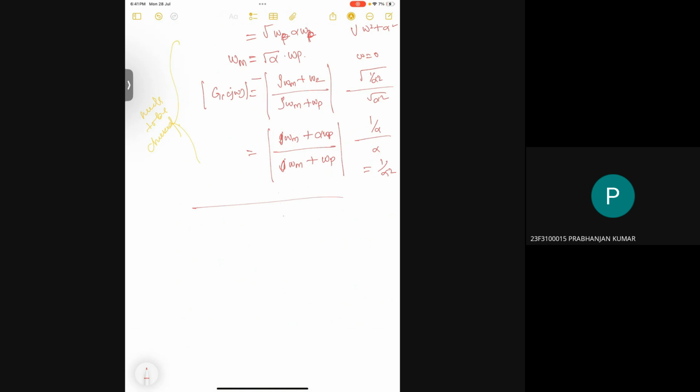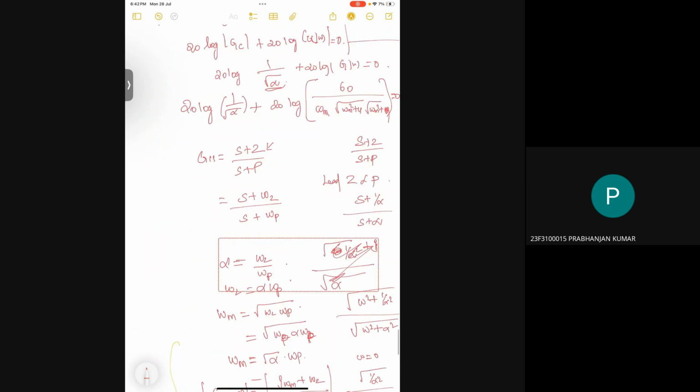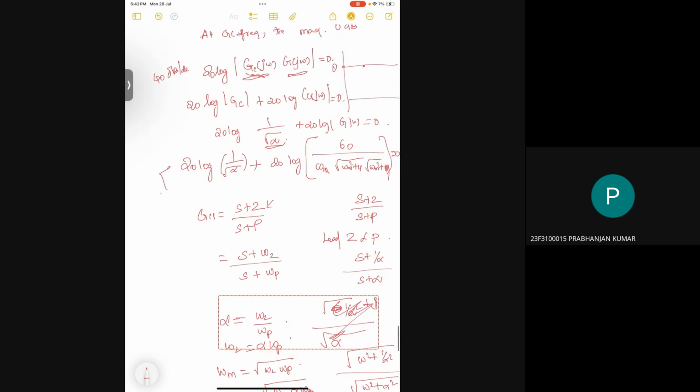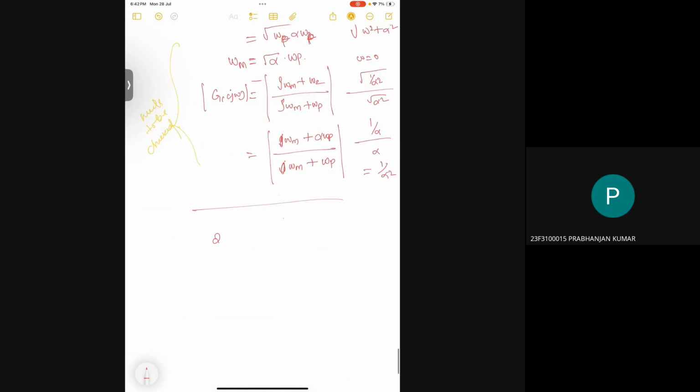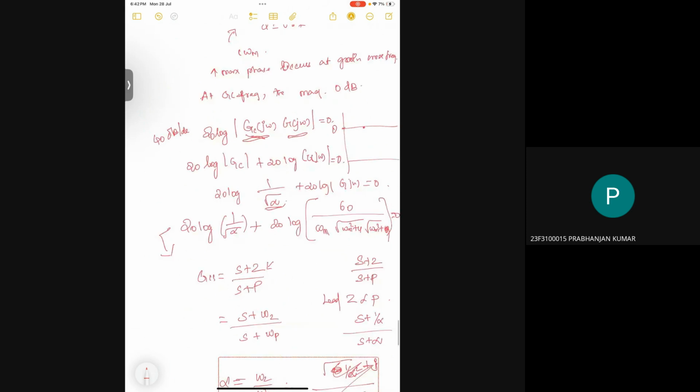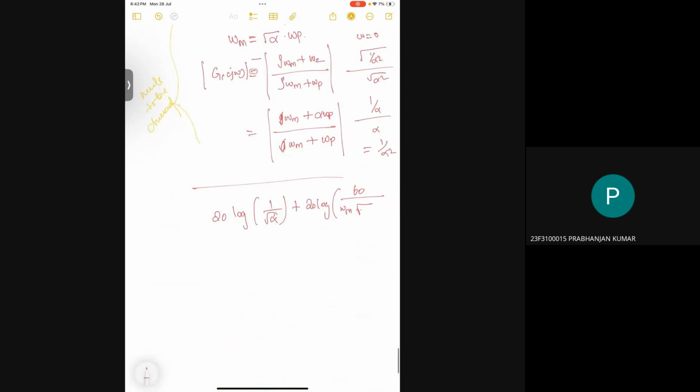Okay. Right. So taking from this step below, this 20 log of 1 by root of alpha plus 20 log of whatever value g we have been considering, omega m root of omega m square plus 4 root of omega m square plus 9, equal to 0.